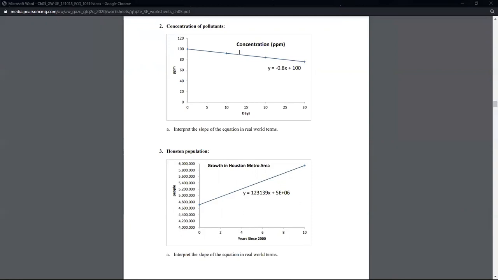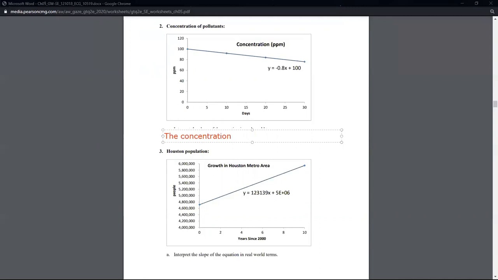So when we go to make our sentence, we can say that the output, which is the pollution, we could say the concentration of pollution, or we could just say the concentration, since it did actually say pollutants.